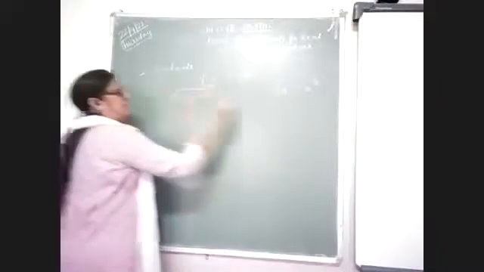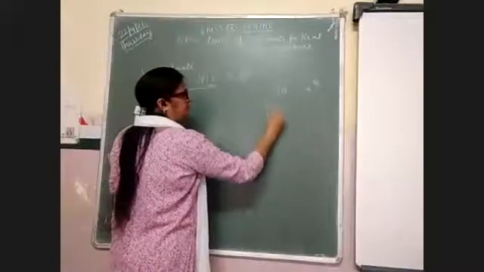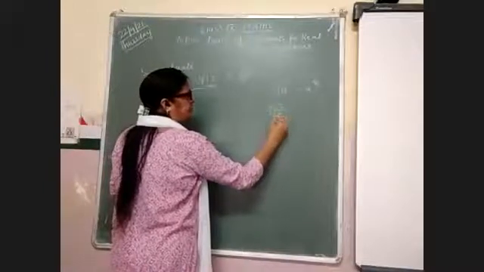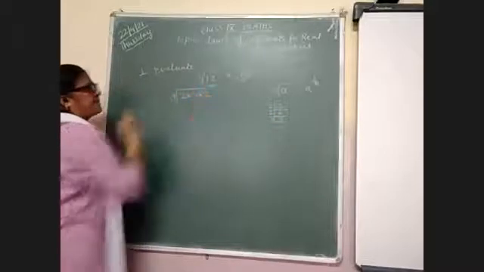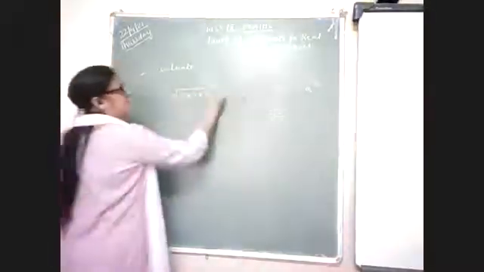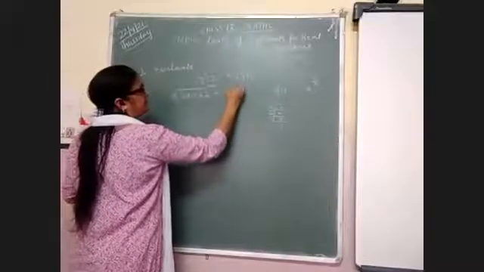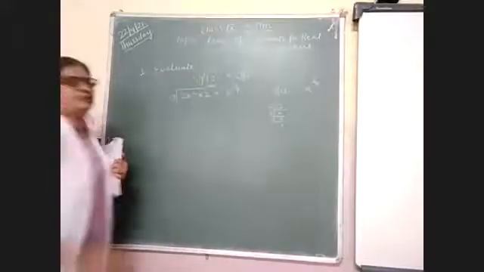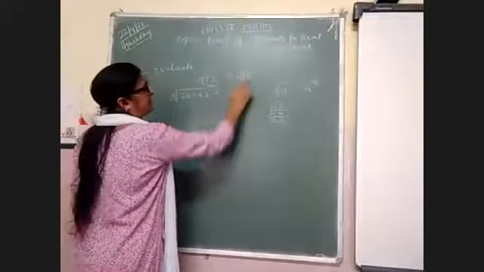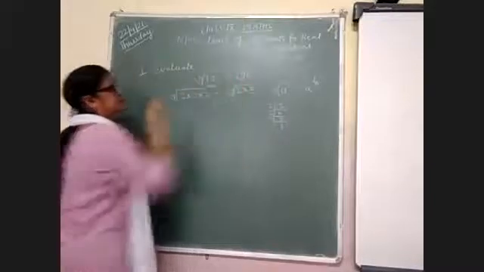Take the prime factorization of 12: 2 sixes are 12, 2 threes are 6, 3 ones are 3. You can write it like this. The seventh root of 6 means 6 raised to the power 1 by 7. Take the prime factorization of 6: 2 into 3.